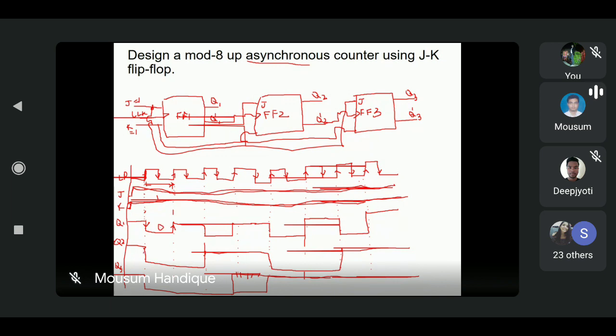And Q2 is also going in the down direction, so this one is also 0. When the second clock pulse is started, which one? This one is the second clock pulse. That time Q1 value is 1, and again it goes in the low direction, so Q2 value is 0. And Q2 value is also 0.